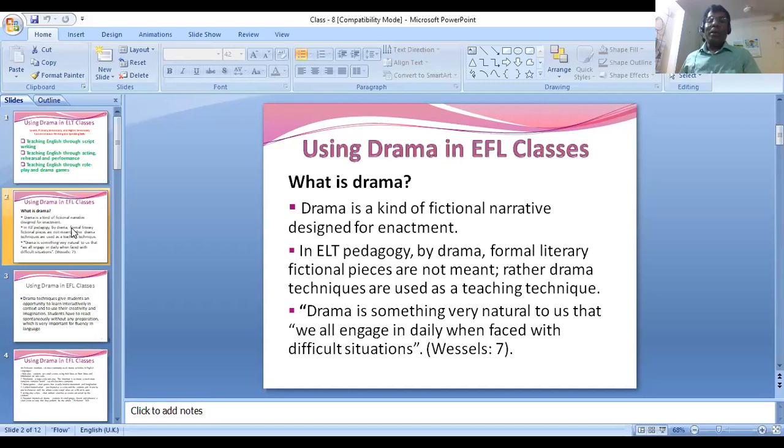He's saying drama is something very natural to us that we all engage in daily when faced with difficult situations. Try to understand what he means by this definition.